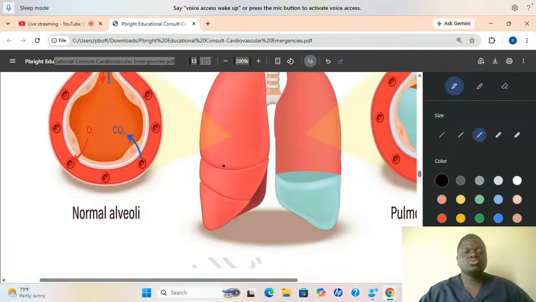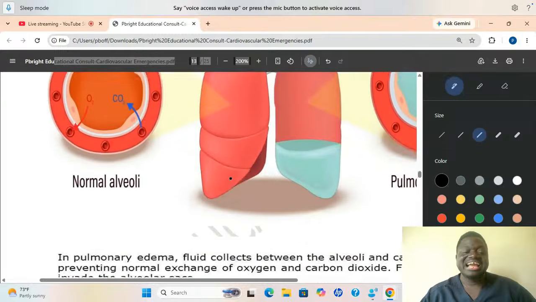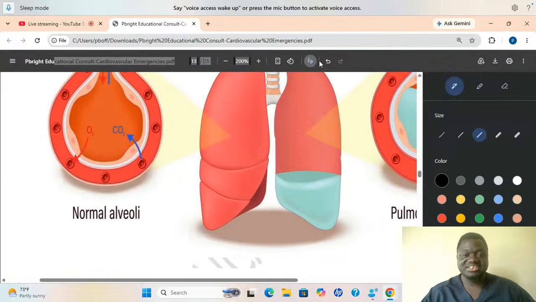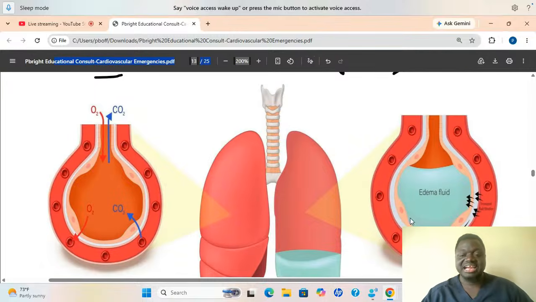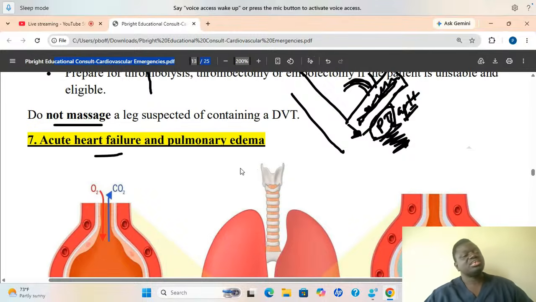Once we are talking about the cardiovascular system, fluid can accumulate in the heart, and fluid can accumulate where? In the lungs. So let's start.